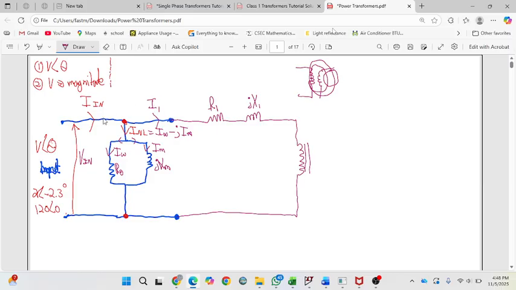Okay, so follow me here. When I1 goes through R1 and jX1, you have this point here, and this point is very important. Whatever this voltage is after all these losses is actually the voltage this coil will see, to then use the turns ratio to get across to the other side.